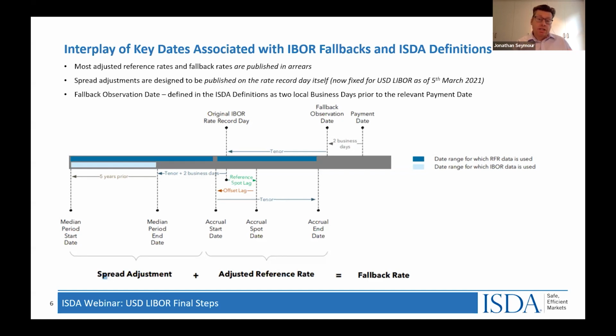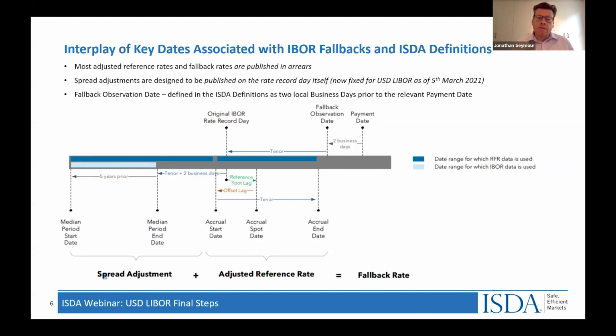We also take the SOFR rates for that period compounded over the 5 years, looking backwards. That means that at the date that the cessation announcement was made, 5th of March 21, we knew at that point what the spread adjustments would be for all of the fallbacks going forward.